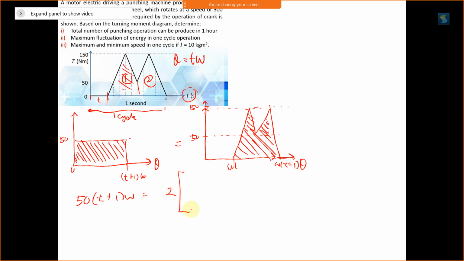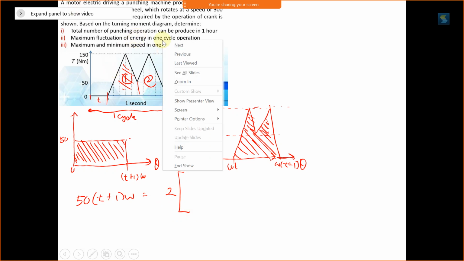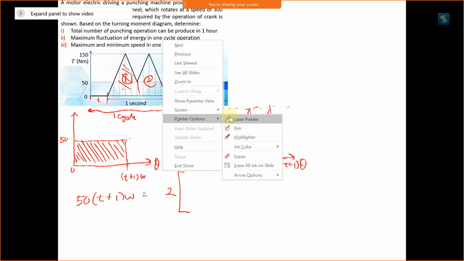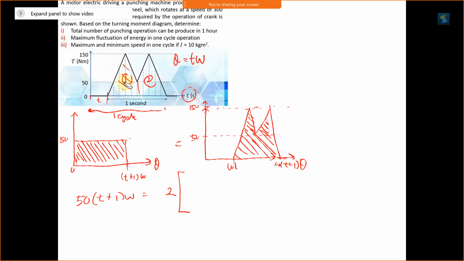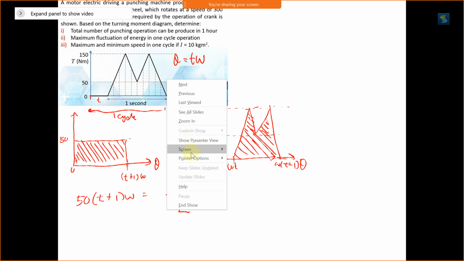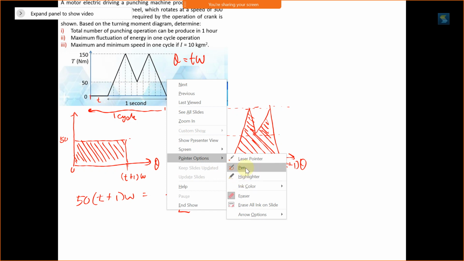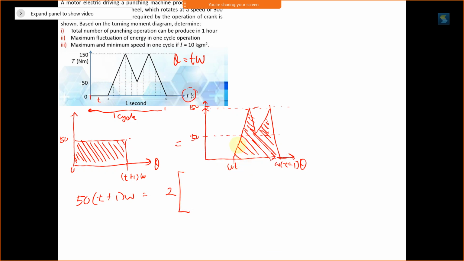So what we have first is, if we look back, our area here we can break into 1, 2 here and 3. Right?